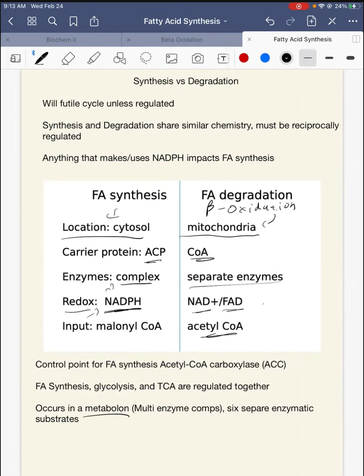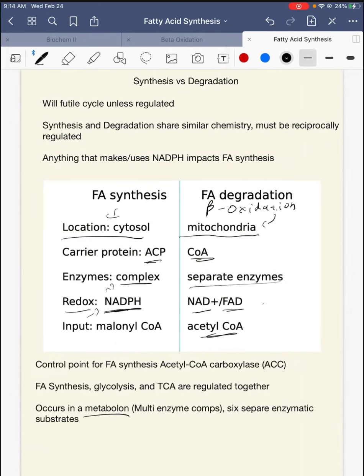Usually when the cell runs the oxidative phase, it's because the cell wants to store acetyl-CoA as fatty acids. So the oxidative phase of the pentose phosphate pathway and fatty acid synthesis usually run together because fatty acid synthesis needs NADPH to use as a reducing agent.